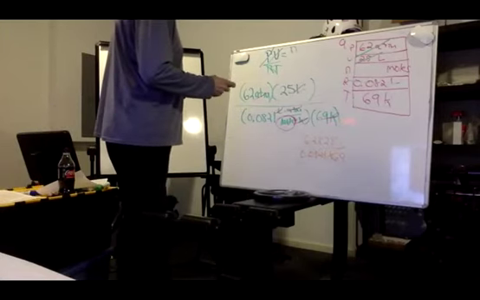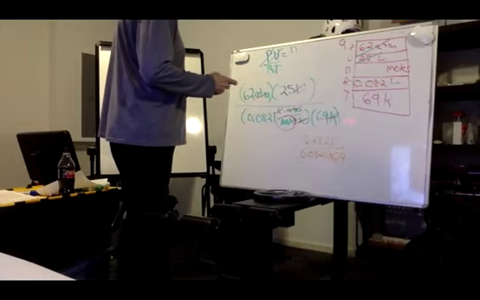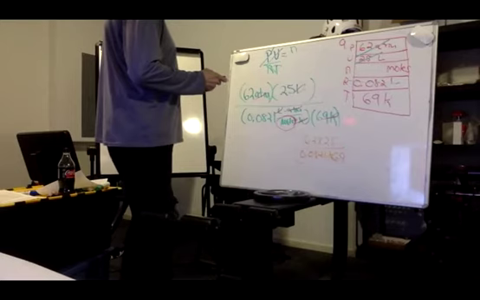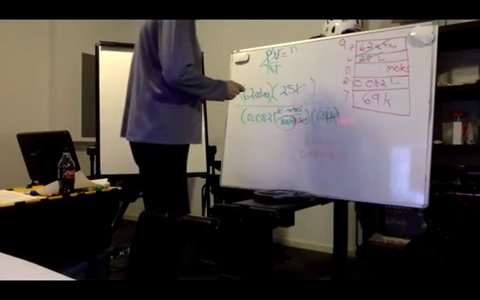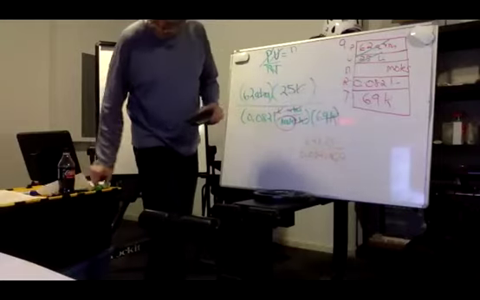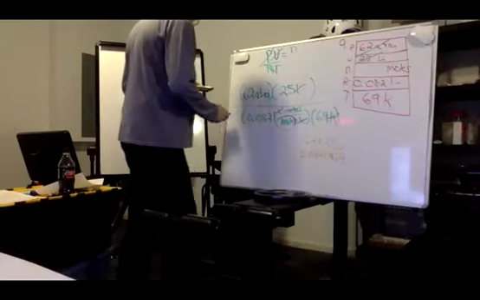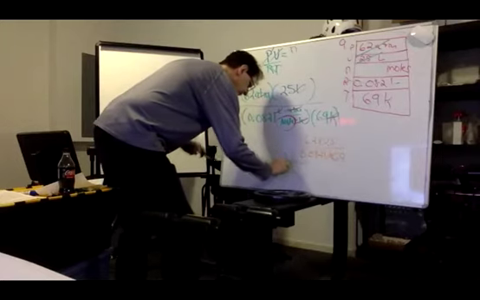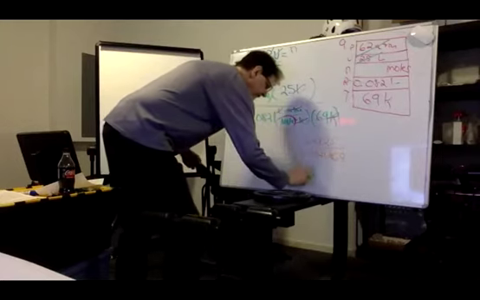So 62 times 25 divided by 0.0821 times 69. And I come out with my raw answer of 273.6147.